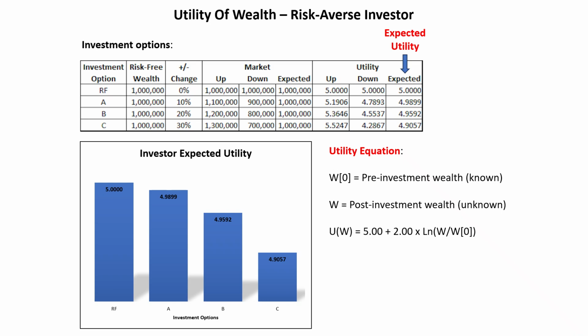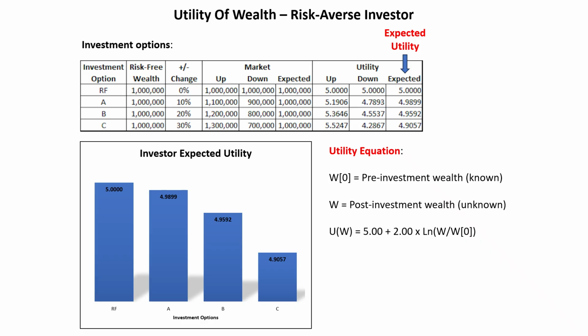And then we have our utility equation there to the right. W subscript 0 is our pre-investment wealth. We know what our wealth is before we put our money down on this investment. And then W is the post-investment wealth, and this is unknown. Remember, it could be either higher than $1 million or lower than $1 million, and time will tell.